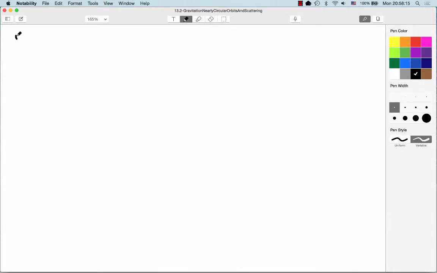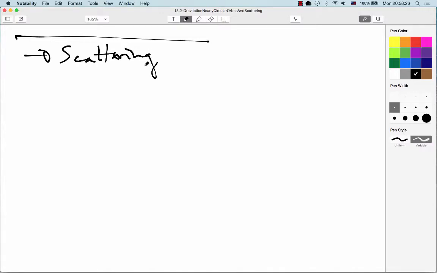All right, now for something kind of different but related, let's look at scattering. So far we've been looking at attractive force laws. What if the force law is repulsive? Now, scattering is incredibly important.